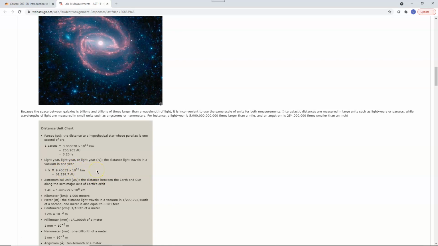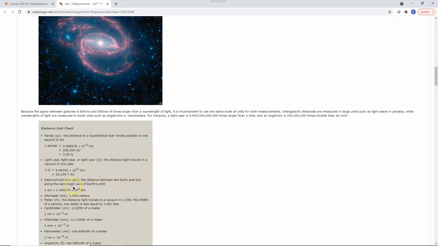So 300,000 kilometers per second times 60 seconds times 60 minutes times 24 hours times 365.25 days gives you a light year. In this case, it's roughly 63,000 AU, but we'll just say here it's exactly 63,239.7 AU. 63,000 is far enough. It's a long distance right there.